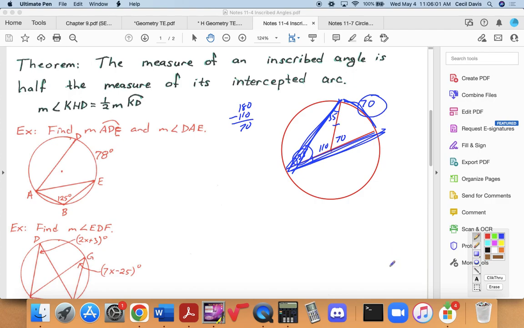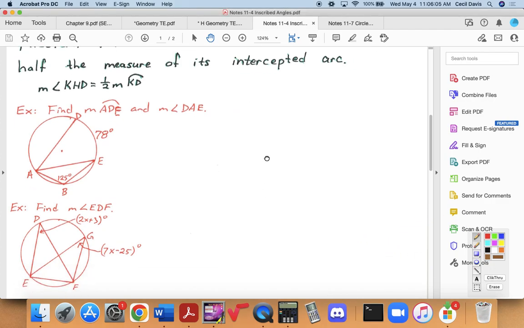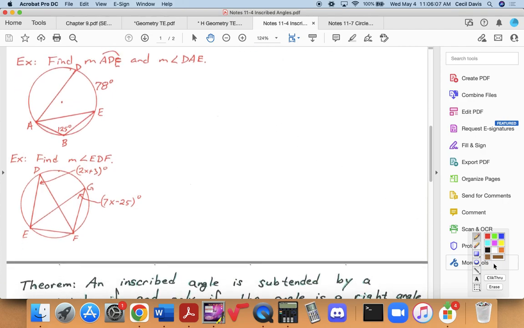Okay? All right, so let's do some example problems. For this first one, we want to find the measure of arc ADE, this great big major arc over here. Notice across from it is this inscribed angle, angle ABE. Think of it as having its arms out.